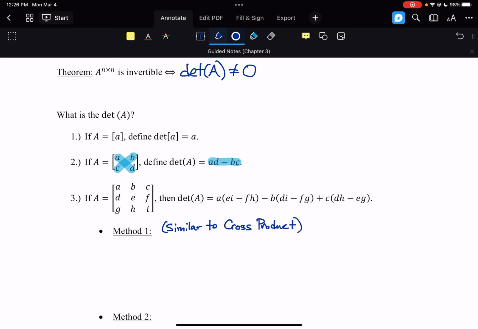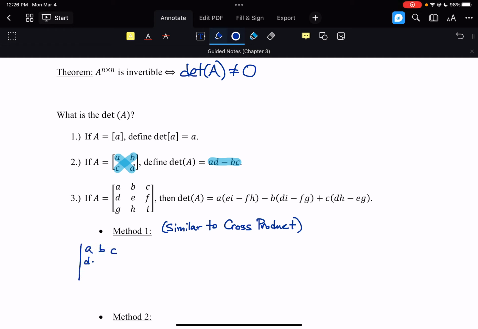Typically when you learn how to compute a cross product, it's using a 3 by 3 matrix of vector components. So you take the vectors and put them all into this form. But the way that we handle that is we take the determinants.